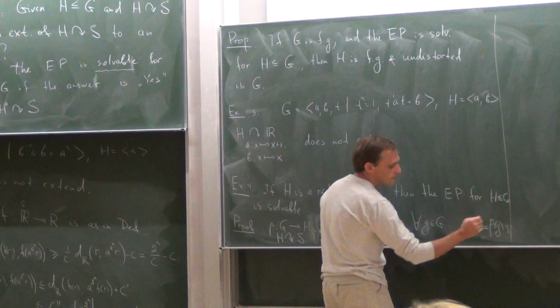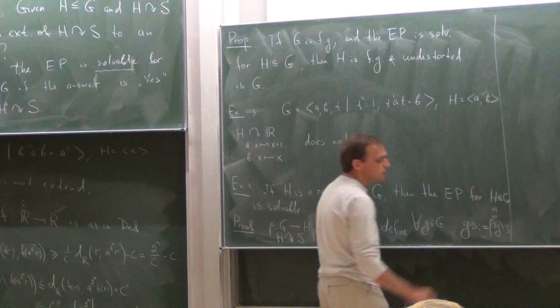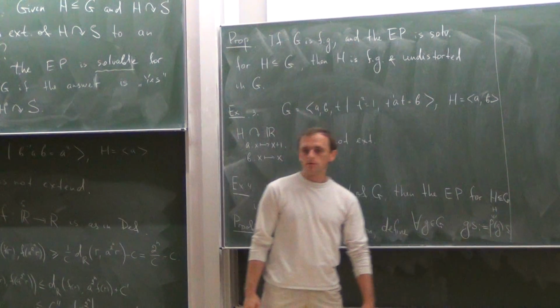Now, g is from G, but rho of g is from H. So the right side is already well defined.